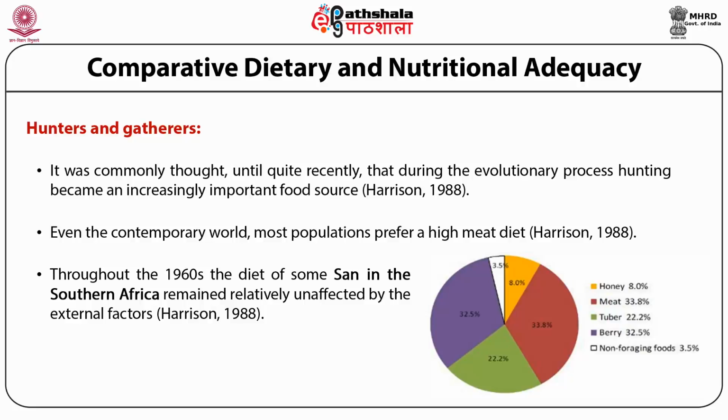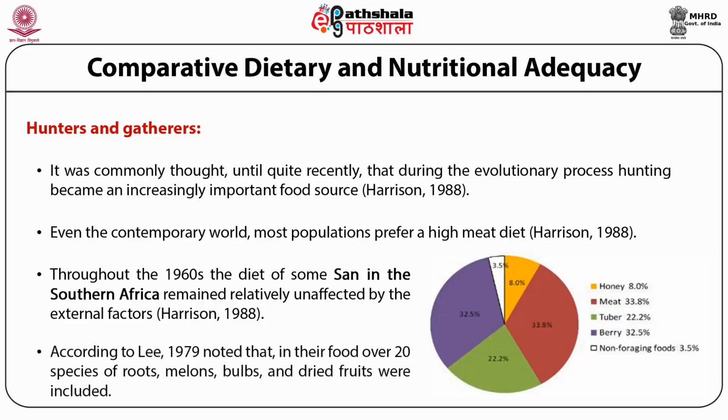For this group, meat contributed less than one third of the daily energy intake, and their foods were diversified during the seasons of the dietary survey. According to Lee, over 20 species of roots, melons, bulbs, and dried fruits were included in their food.